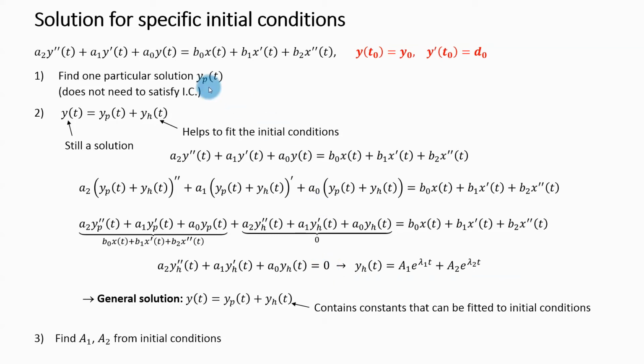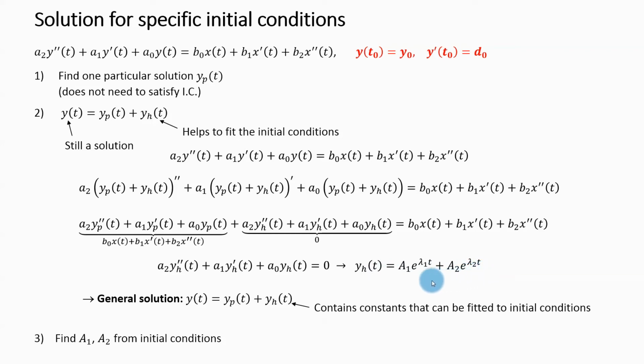We turned this non-homogeneous equation into a homogeneous one. In fact, this equation is called the associated homogeneous equation. And when you solve this associated homogeneous equation, how to do that we learned on the previous lecture, you get a solution like this. Sometimes this second exponential is multiplied by t.